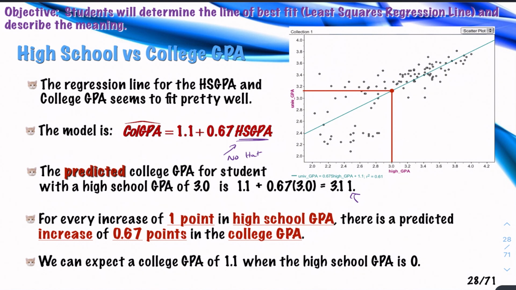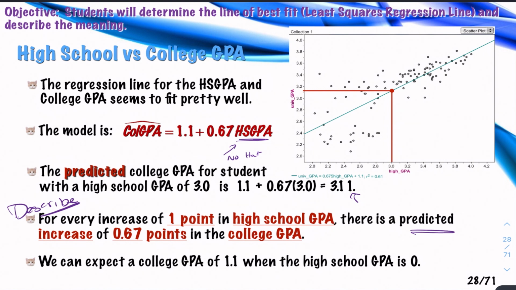Why would it be good to predict your GPA? Well, you guys are in high school right now. If I want to figure out what you're going to be able to do in college, I need to have some sort of model because I don't actually know what your performance is going to be in the future. The way we describe the slope, and we will do this every time: for every increase of 1 point in the high school GPA, there is a predicted increase of 0.67 points in the college GPA.